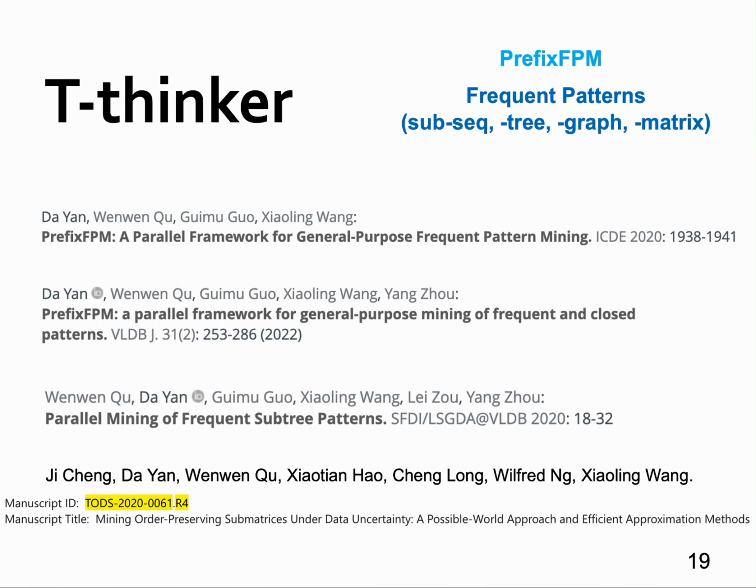The second system is PrefixFPM, which is a parallel programming framework for mining frequent patterns of any user-specified type, such as subsequences, subgraphs, subtrees, or even submatrices. The resulting works have been published in top venues such as VLDB, ICDE, and TKDE.